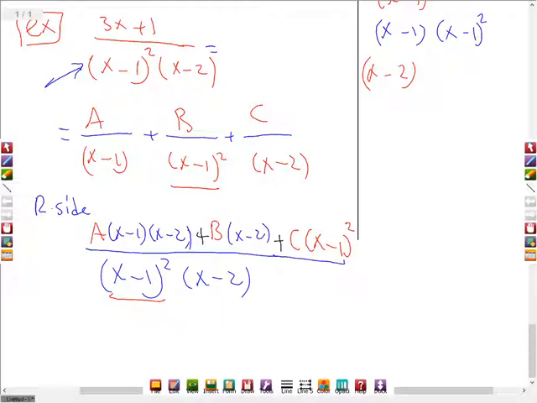Now I have my numerator ready. And the denominators are the same, so don't worry about them.